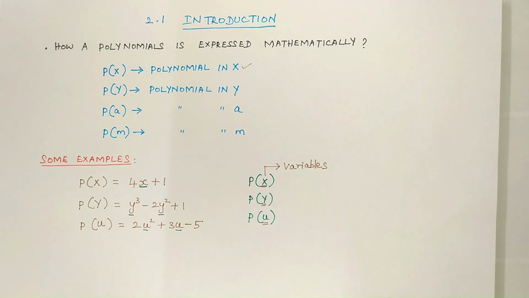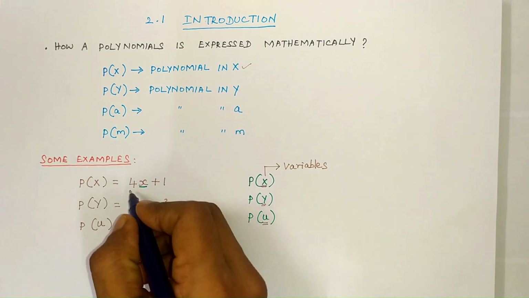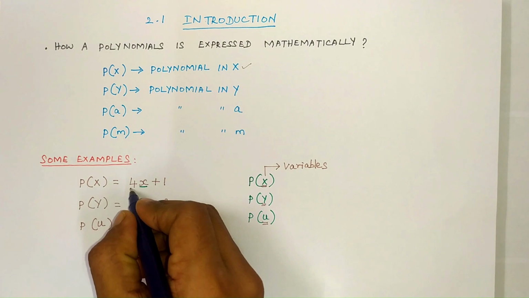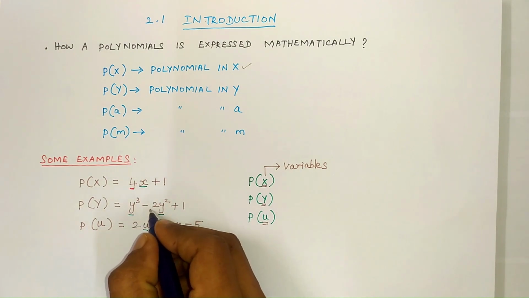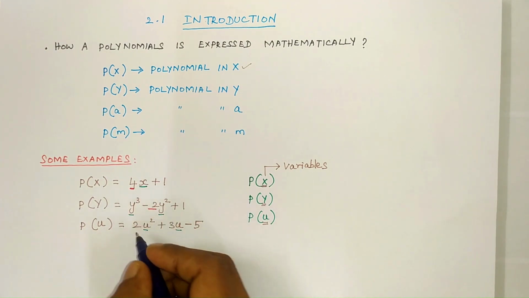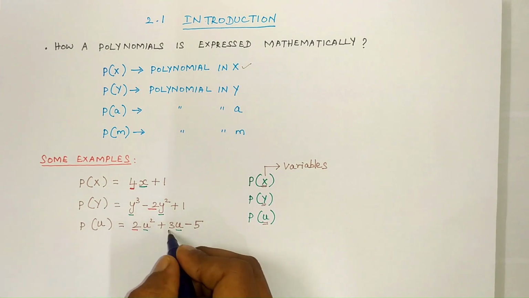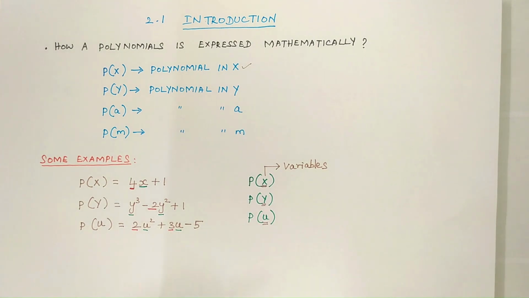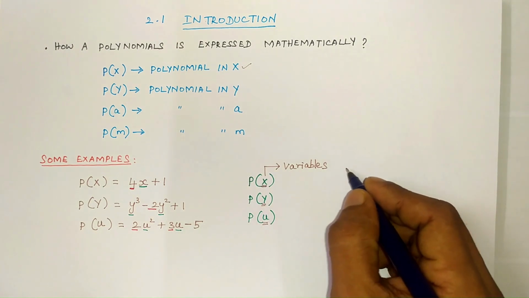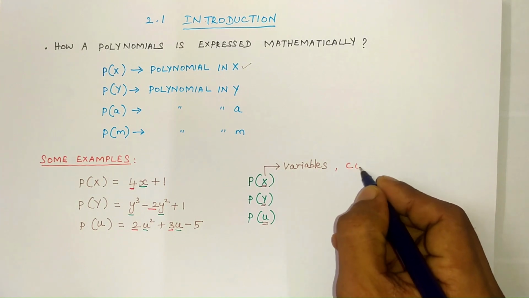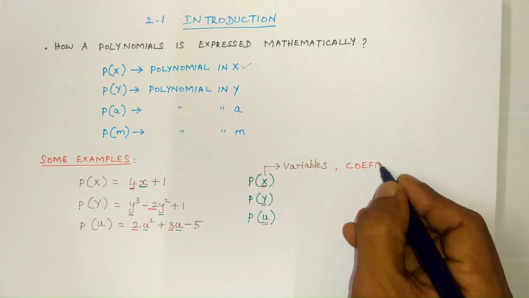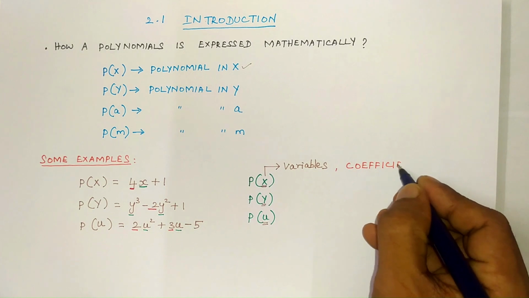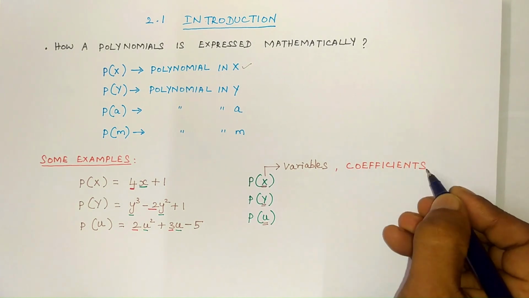Okay, and we have these numbers like 4, minus 2, 2, 3. These terms sitting before the variable are called coefficients.